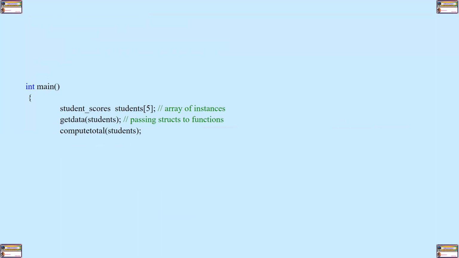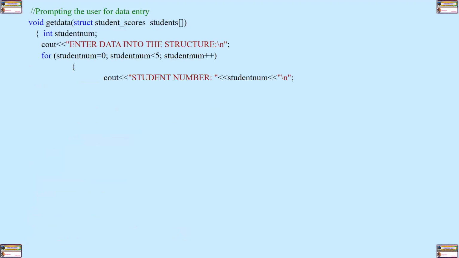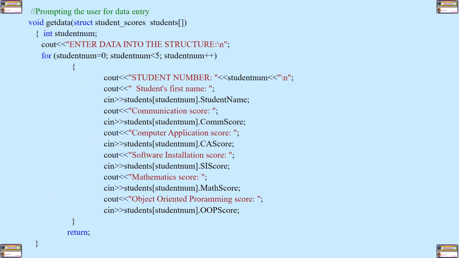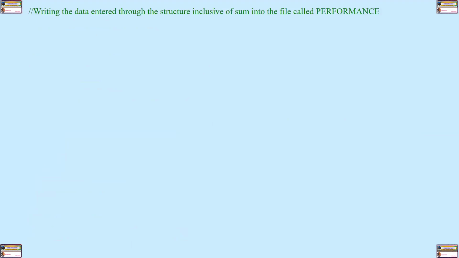So our interest in this presentation is on this function. This function is going to receive an array of struct called students. Once that statement is invoked, the compiler will come here, find the format of that function, that's the prototype, and then go after main and look for that function. Where is our function? Here it is.